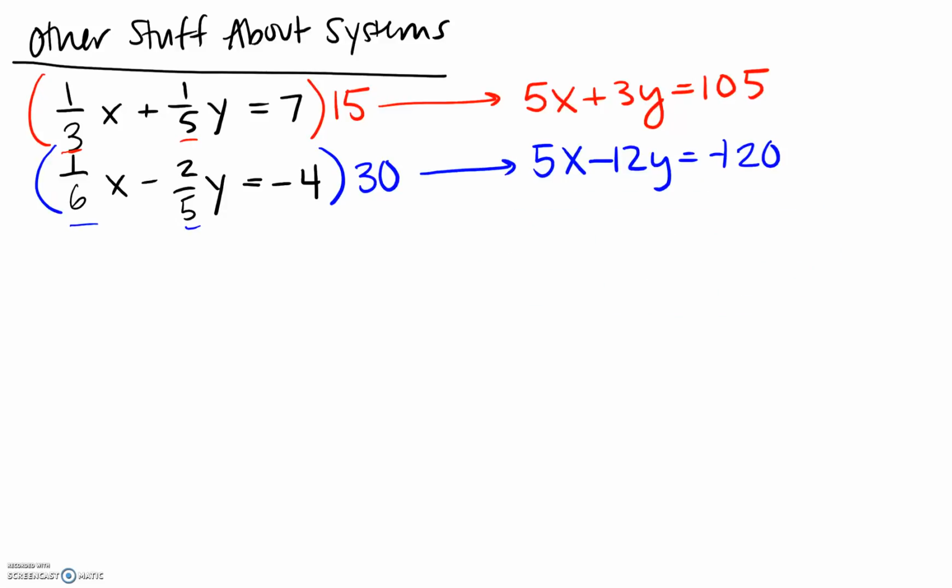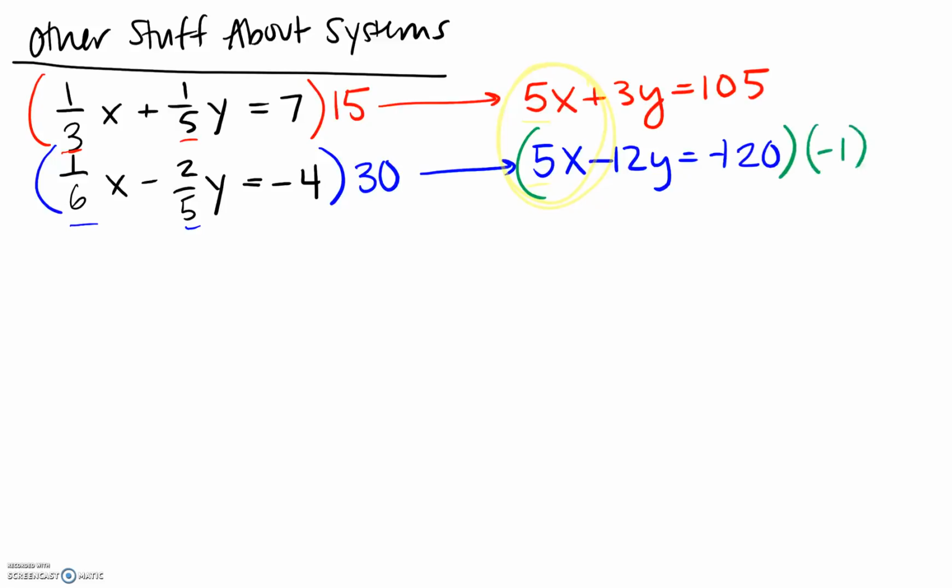We don't want to add until we have made our two coefficients on one of our variables opposites. So I have decided that the x's seem like they're going to be the easier ones to deal with. They already match. We just need to make one negative. I'm going to go ahead and multiply the second equation through by a negative 1.